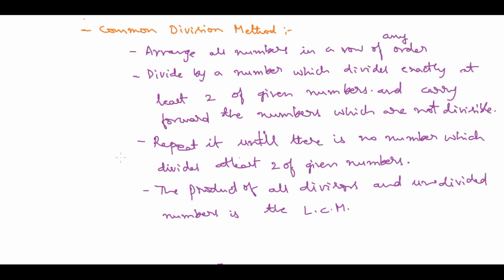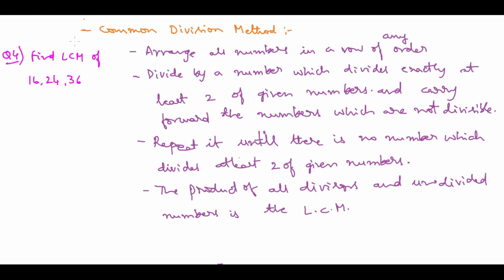Repeat until there is no number which divides at least two of the given numbers, and the product of all divisors and undivided numbers is the LCM. It is a very simple concept, we might have come across it many times. Let us understand it with an example.